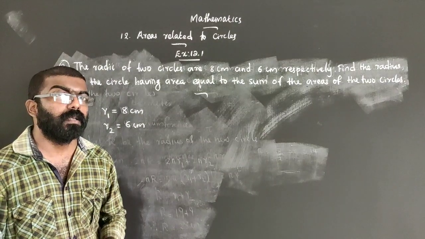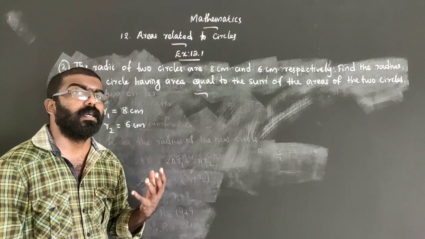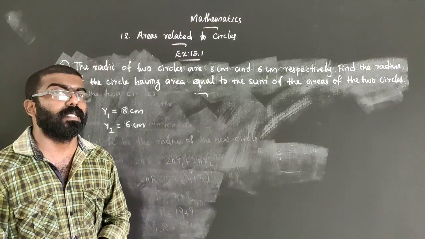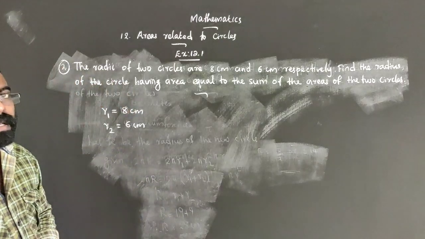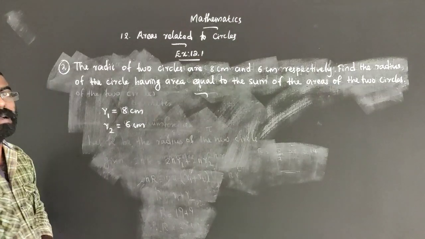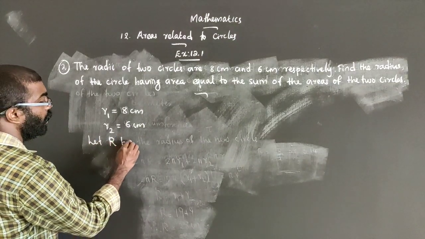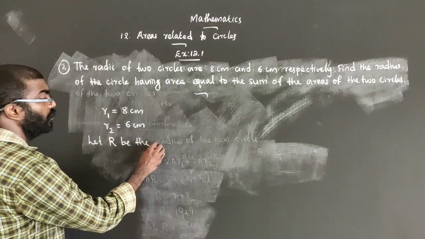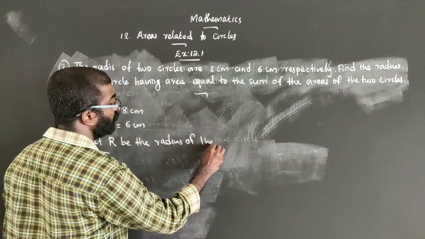In the last question, the condition was that we had to find the radius such that the circumference of the circle is equal to the sum of the circumferences of the two circles. Here it is area. Instead of circumference, it is given that area. Okay. So let capital R be the radius of the new circle, or the larger circle.